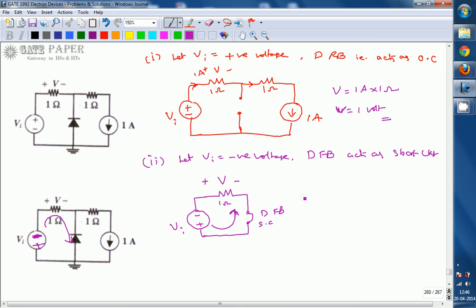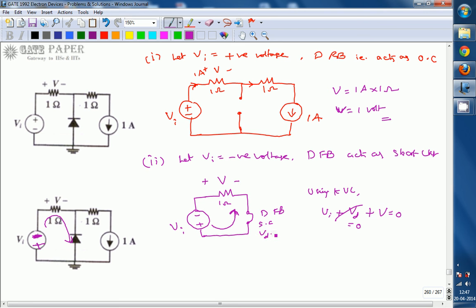If you apply KVL here, we get Vi plus diode voltage plus V is equal to 0. The diode voltage VD is 0 volts since it is acting as a short circuit.